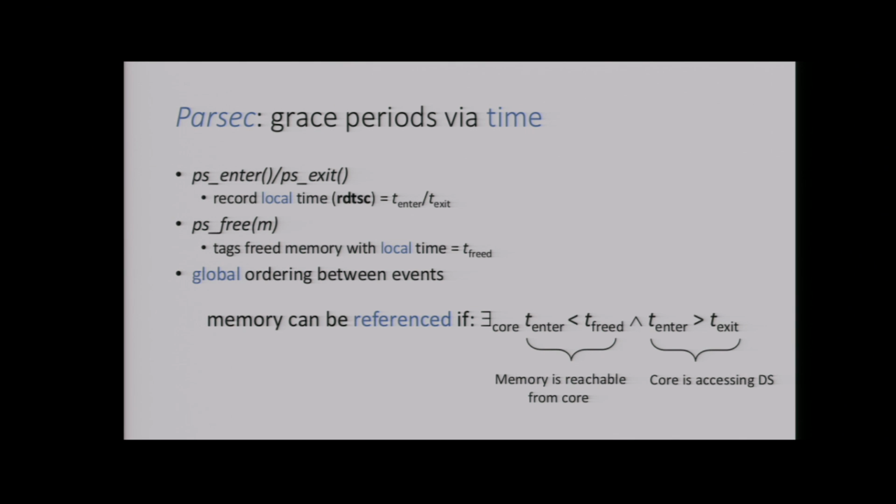So in Parsec, what we're trying to do is say the memory can be referenced and therefore we cannot reuse it, we cannot reclaim it now, if there exists some thread where enter is less than freed, so it entered into its parallel section, and after that the memory was freed.